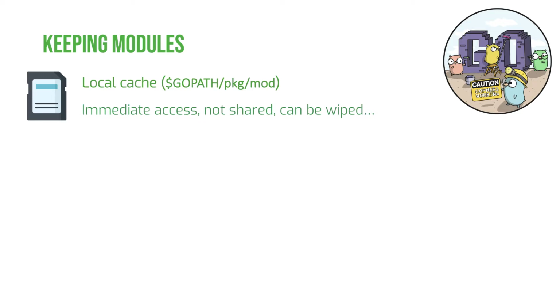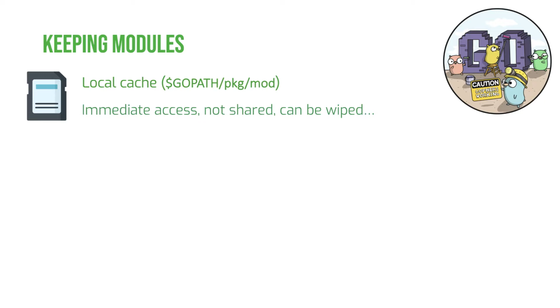Or if a module is downloaded from the module repository, it will be cached in the local cache, so we won't hit the network next time we need it. Obviously, it has immediate access, it's on local disk, but it's not shared. So if it works on my machine, it doesn't work on your machine if you don't have the same modules. And obviously, it is treated as ephemeral storage.